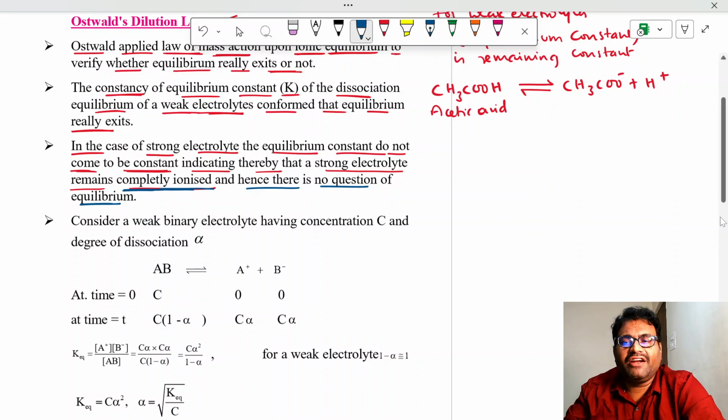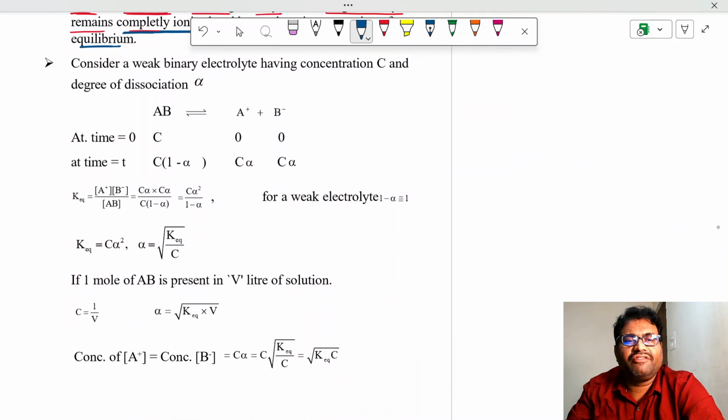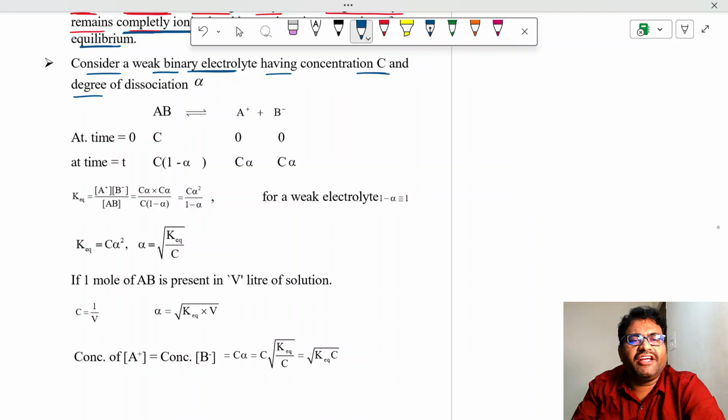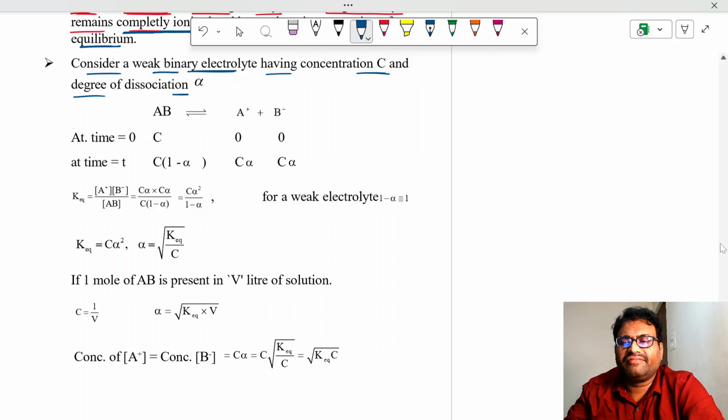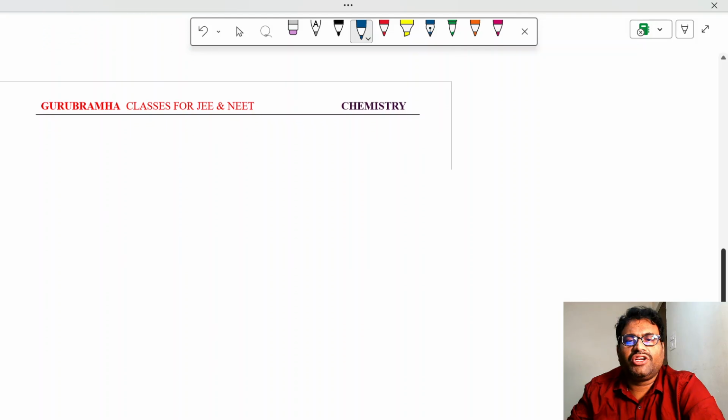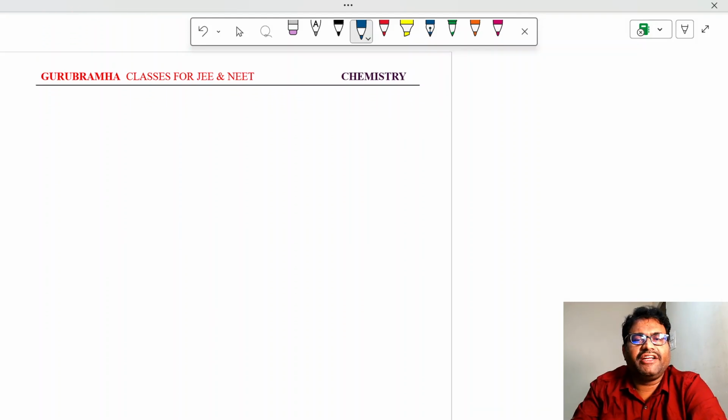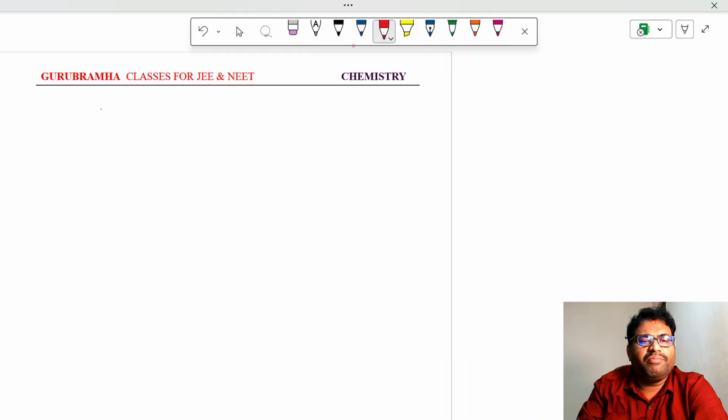So, for a weak electrolyte, consider a weak binary electrolyte. Binary electrolyte means one which contains two ions, having concentration C and degree of dissociation alpha. So he has considered a weak electrolyte AB.